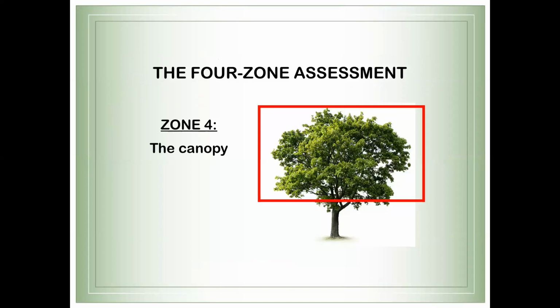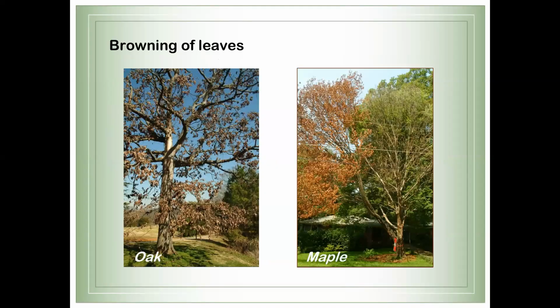All right, we're now to zone 4. This is the crown of the tree. On the left side, we have a dead tree, and this is in the wintertime. As a tree guy, I used to drive around looking for a tree that looks sort of like this one on the left side.